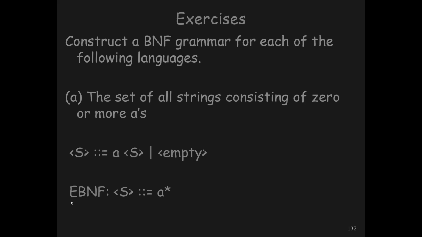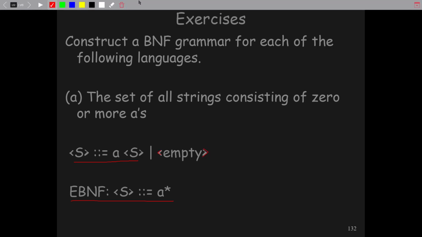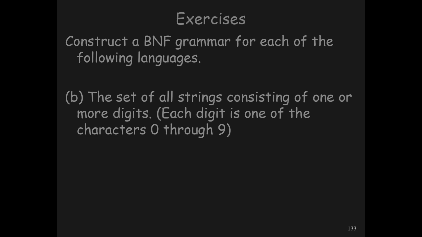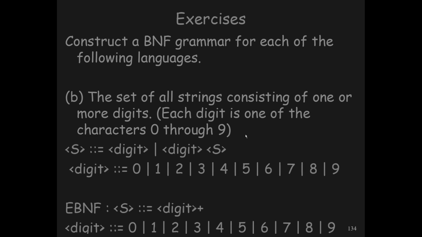Now, what's interesting is when you go with the eBNF, okay? So this is a recursive rule, AS or empty. And yeah, by the way, with the empty, you do have to write the angle brackets. I forgot to clarify that earlier. With the eBNF, you can just directly put the star and get over it, okay?